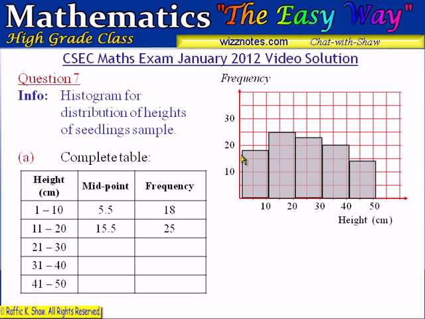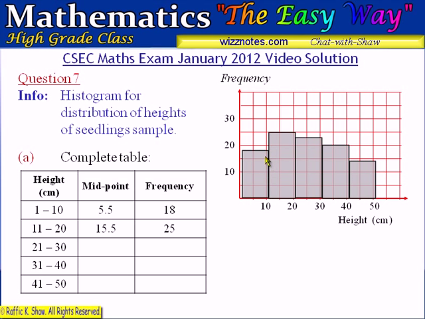Now if you notice on the histogram, the bars of the histogram are touching each other at the boundary values of the classes. So for example, the lower boundary value of the first class will be 0.5, hence this first bar is at 0.5. And then the upper boundary value of this first class is the same as the lower boundary value of this second class. So it's 10.5 upper boundary value here and 10.5 lower boundary value here.